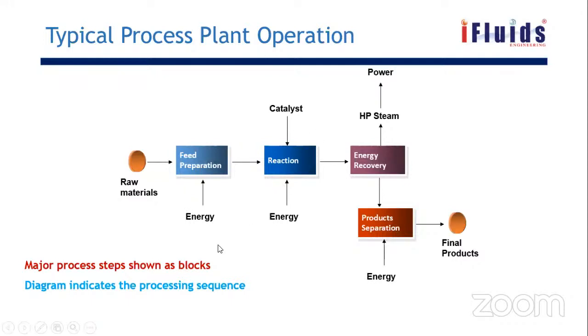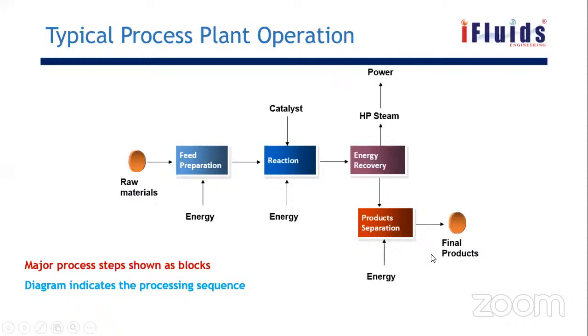Once my reaction is over, there will be byproducts in the reactions. I need to remove the byproducts, and since we have heated, considering an exothermic reaction, we will have a higher temperature than the reaction condition. So we need to recover the heat energy which is not required for the final product.